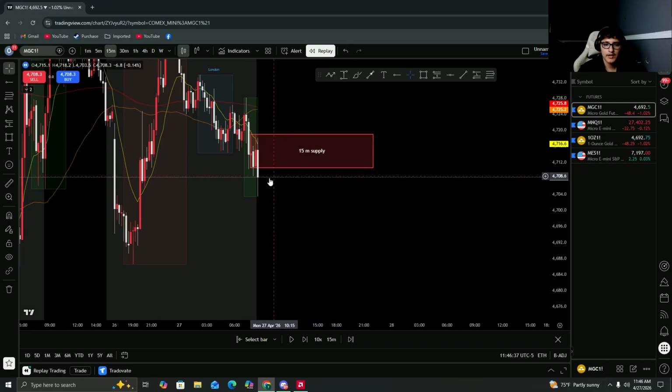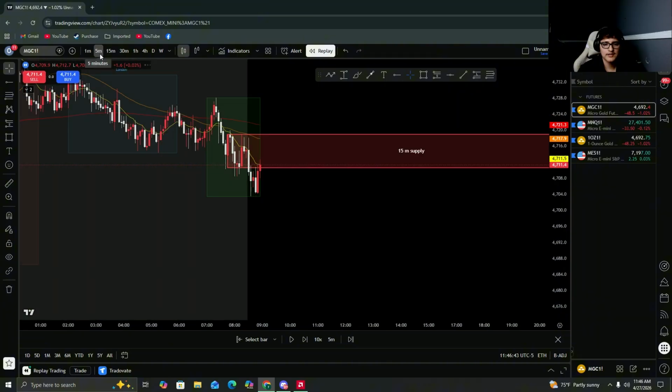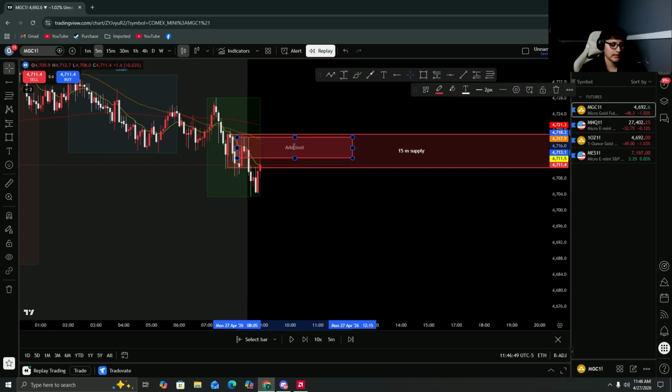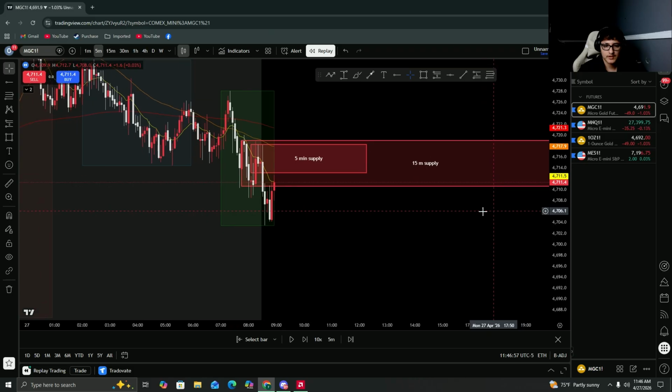We didn't have a gap on the 15, but on the 5 minute we did have a gap right here. We also have a 5 minute zone right here, which I wanted it to tap, but I think it did tap. Let me see, 5 minute. So this is the 5 minute zone and this is going to be the 15 minute zone.